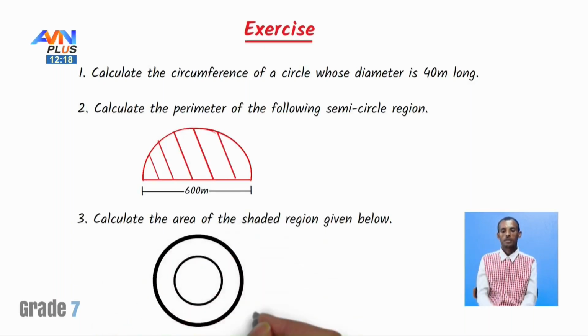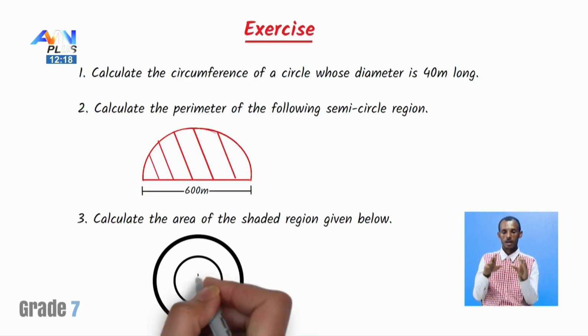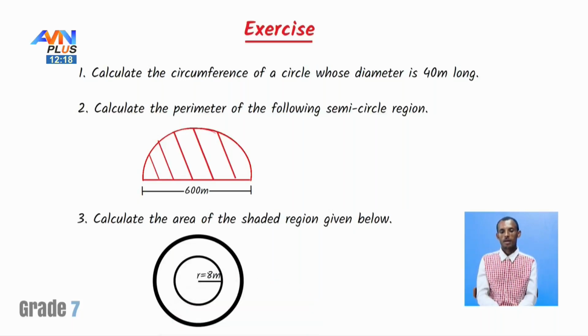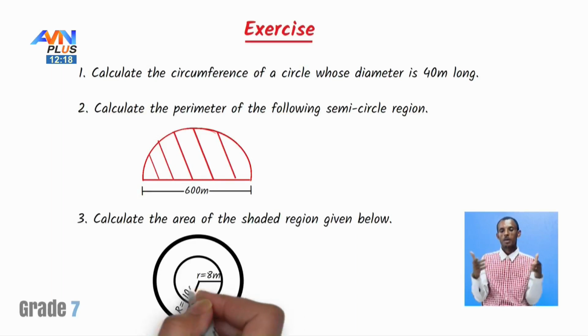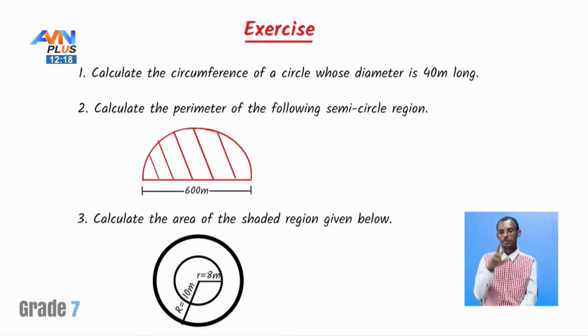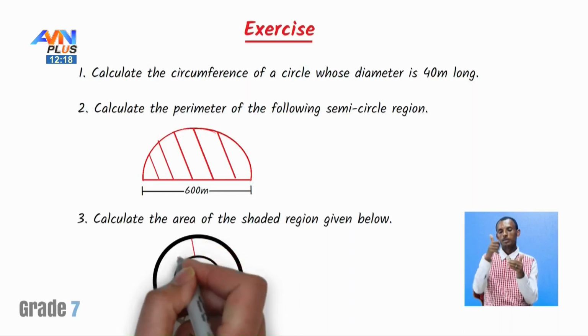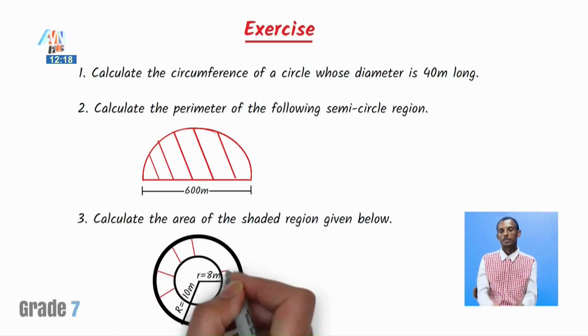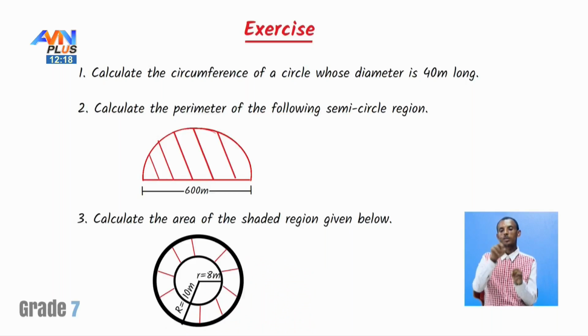The radius of the smaller circle is given to be 8 meters, and the radius of the bigger circle is given to be 10 meters, and the shaded region is this one. So you are asked to calculate the area of the shaded region.